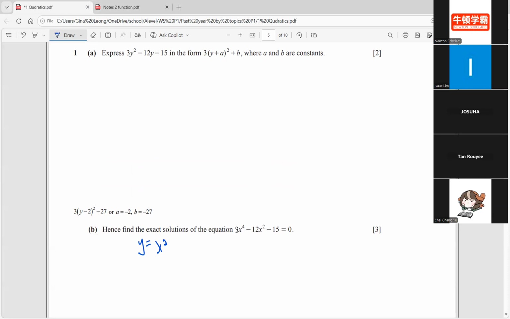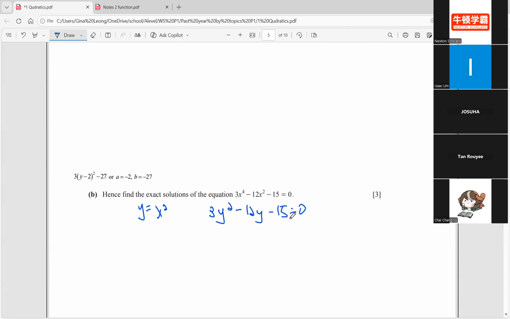So that means here, I still can get back 3y squared minus 12y minus 15 equal to 0, which is the same as this one. So once I get the answer for A, I can straight away get the answer for B. Okay, you try to do and can send me the solution. I will help you to check the working. Then after that, we will move on to question 6 and 7.